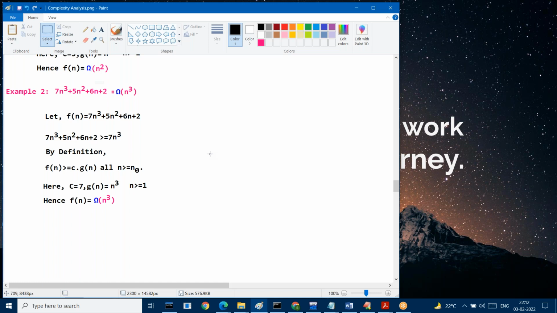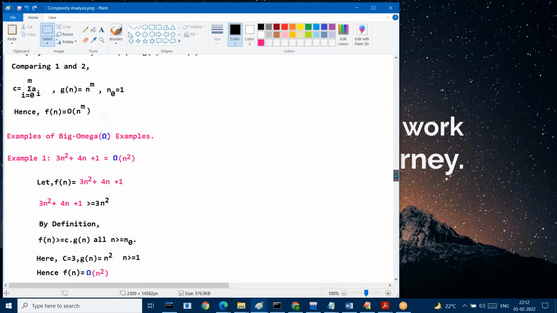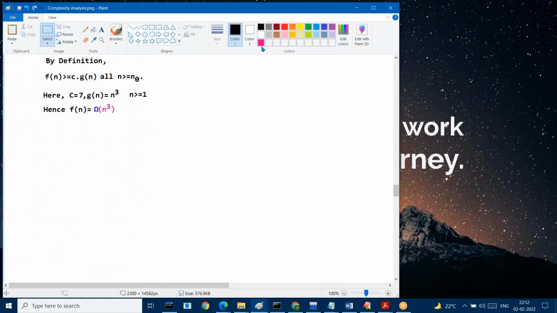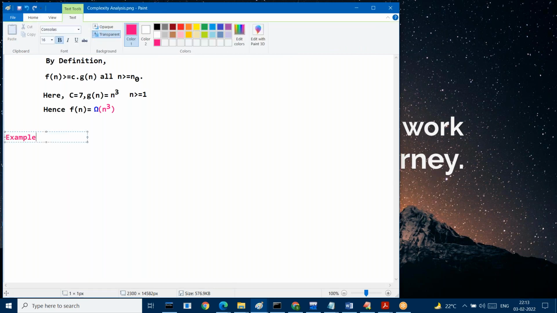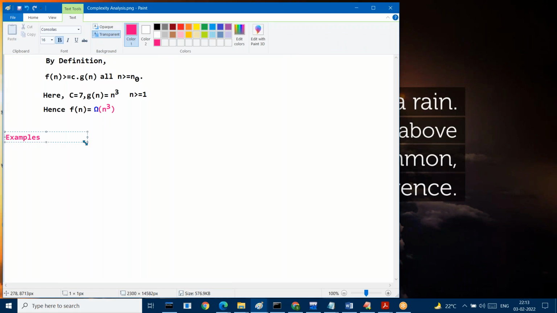So let's take an example. Remaining two examples also you can try. Same way for the remaining examples of big omega, you take those examples and can try.